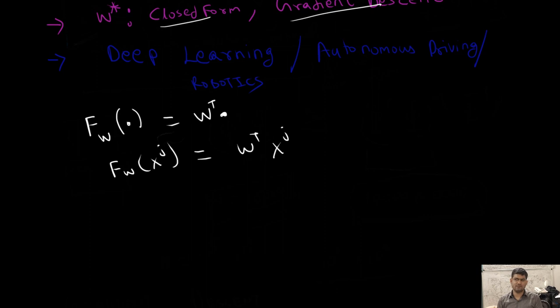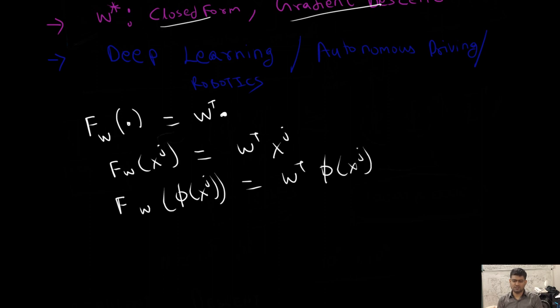And in another case, we computed a basis function, a feature function, which can be a nonlinear representation of your input data points. So in the second case, we selected phi of xj. Instead of doing the first, we told you that this is a much better choice.